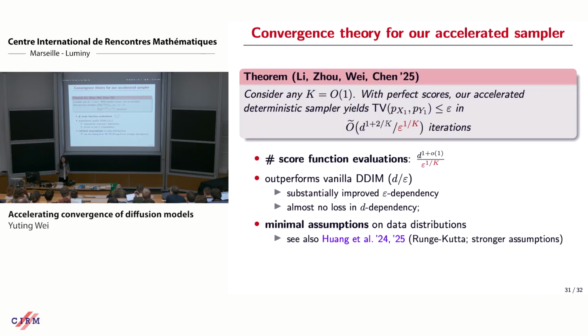So in terms of t, you previously had 1 over t. Now you have 1 over t to the k. So you can choose k to be really large, and then you get an essential amount of acceleration.